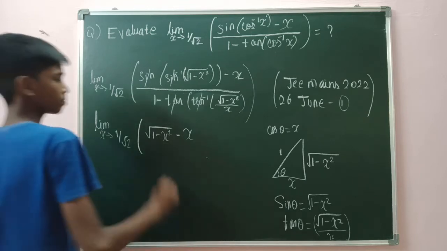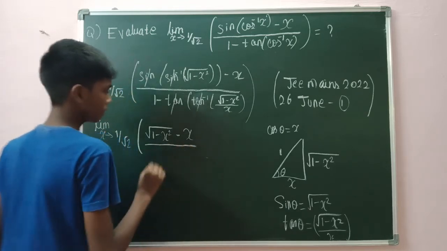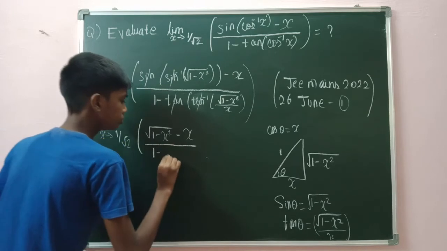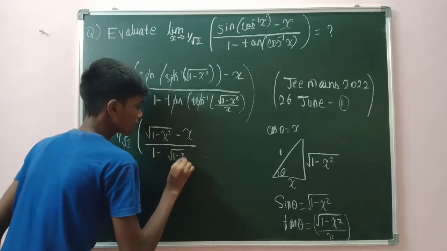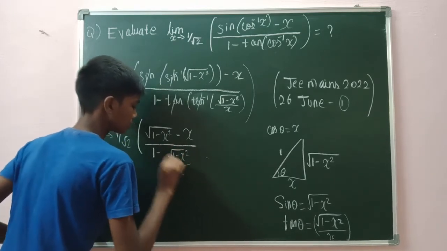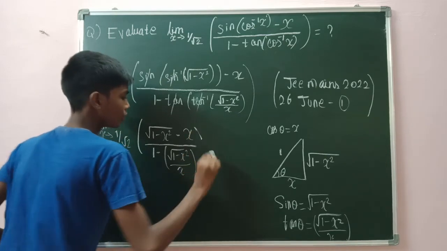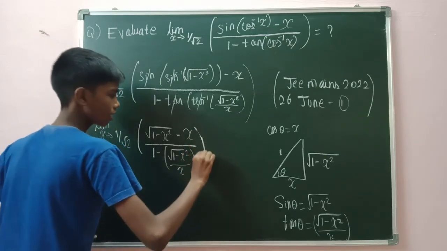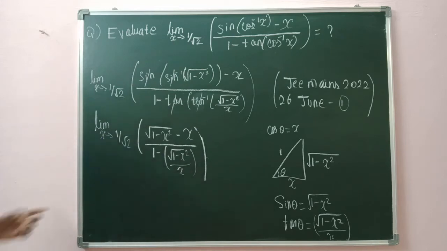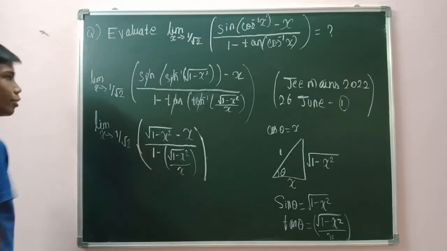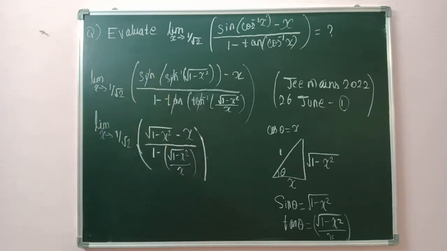Then divided by 1 minus root of 1 minus x square by x. That is something I will be left out with in the denominator. Okay, so after cancel out, this is what you will be left out. Sin and tan cancel out.